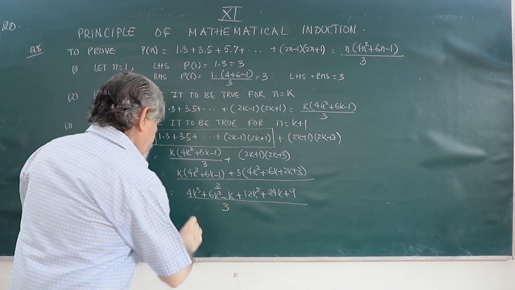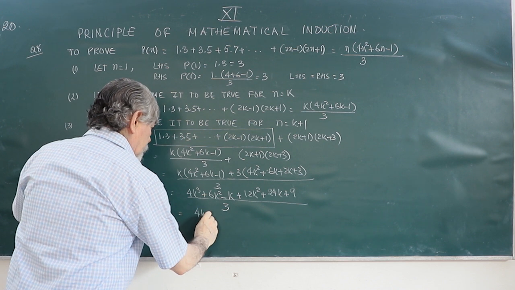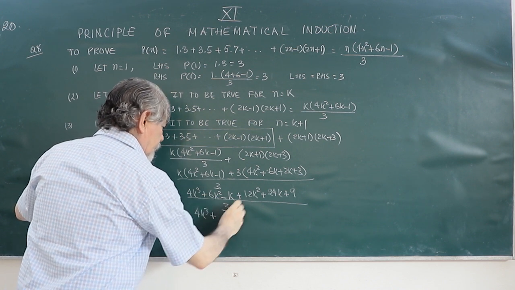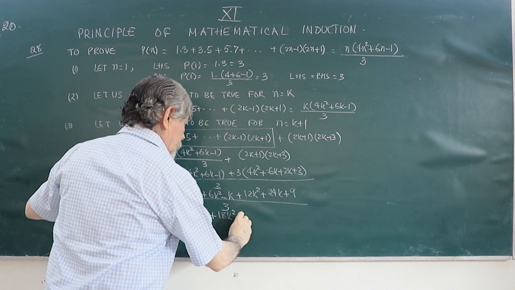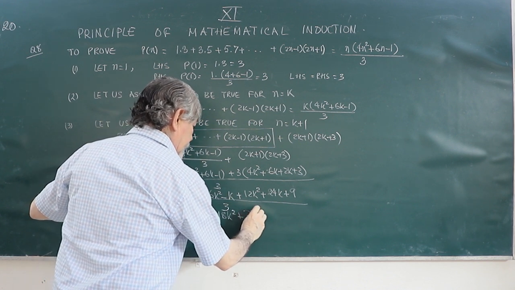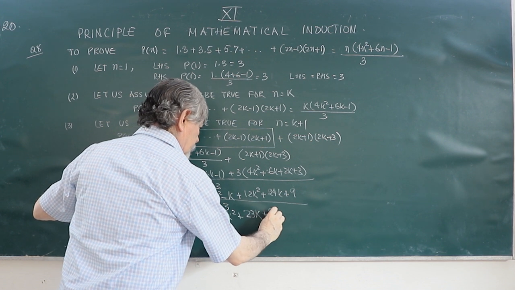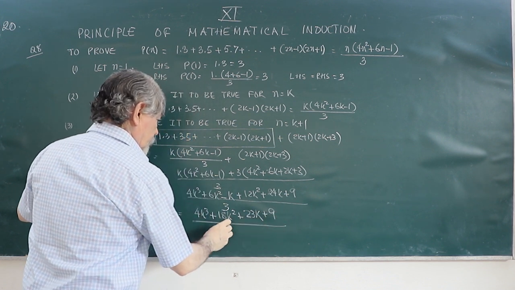Now it will become 4k cubed plus 18k squared plus 23k plus 9 upon 3.